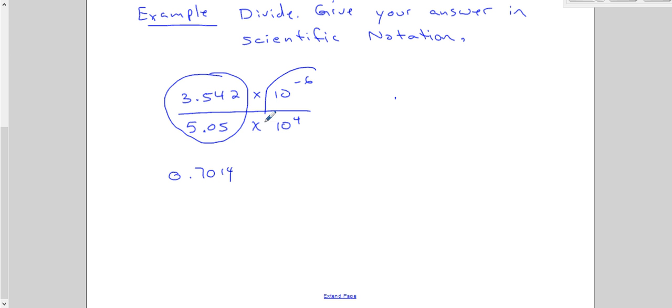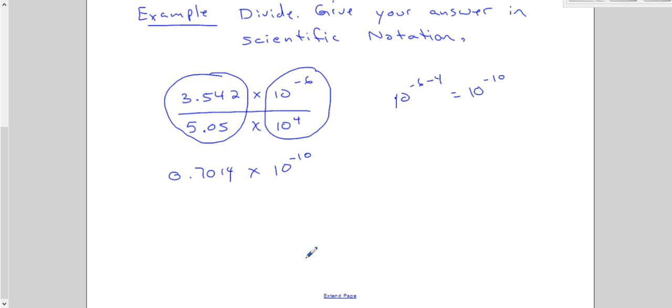When I do the division for the scientific notation, I will get 10 to the negative 6 minus the 4, which is 10 to the negative 10. So I get 0.7014 times 10 to the negative 10.